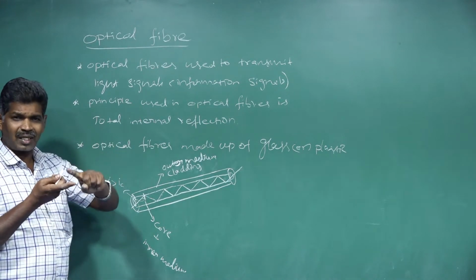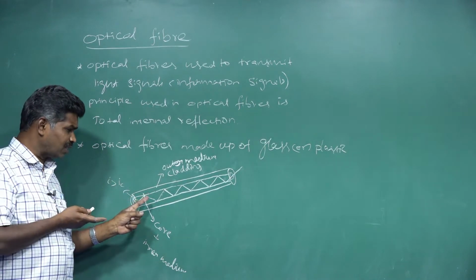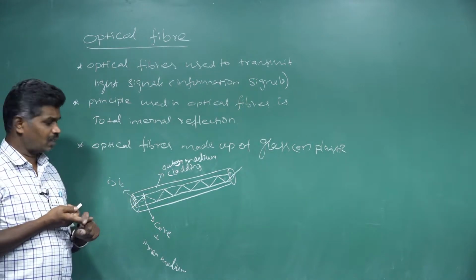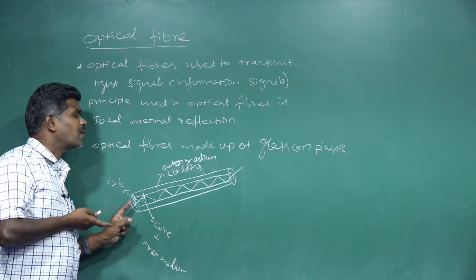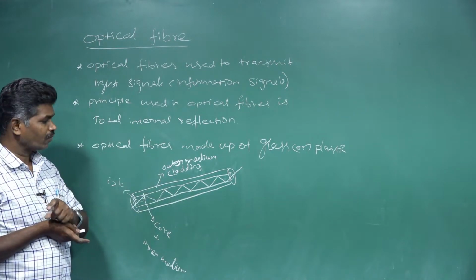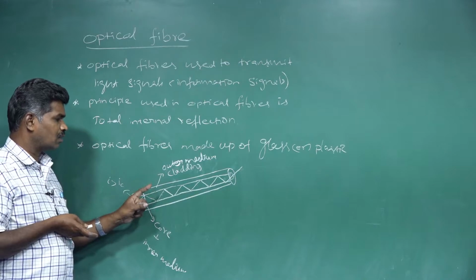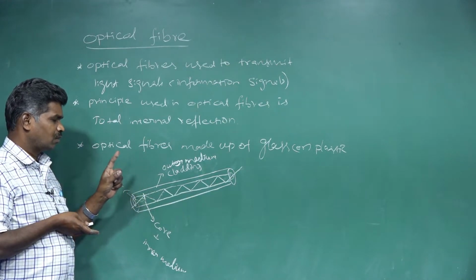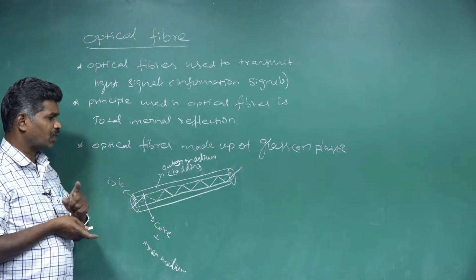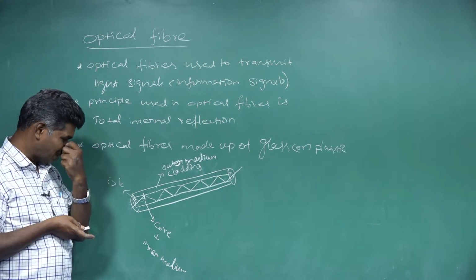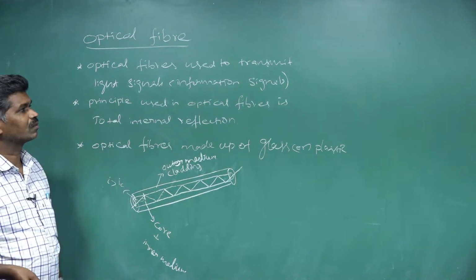Electrical signals cannot interact with optical signals, because here the signals are passed as optical signals. Anyhow, there we are using the principle of total internal reflection. Two mediums we have, core and cladding.